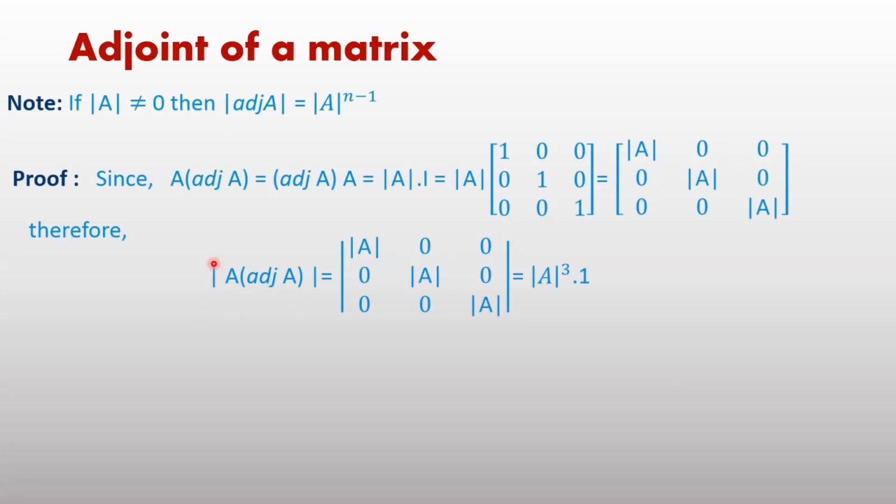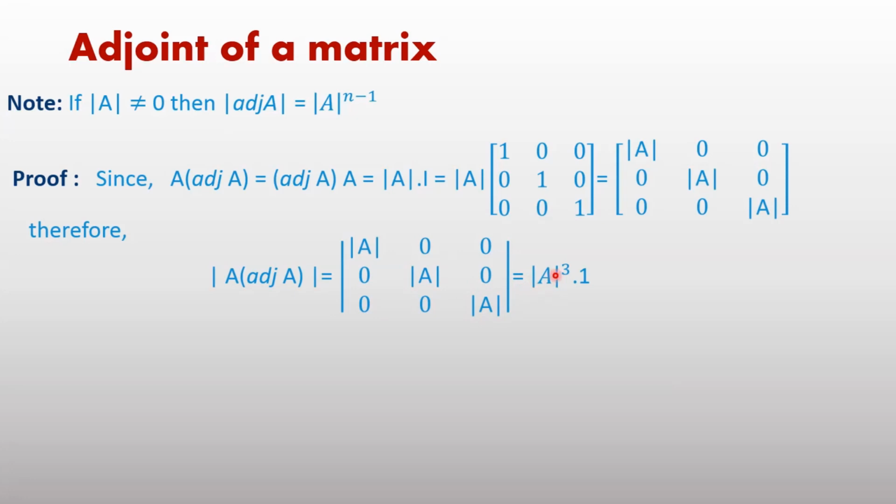Now the determinant of A into adjoint of A: the LHS is written, and the RHS is the determinant of A times this matrix. Now if you take common, using the property of determinants, from the first row we can take the determinant of A outside, from the second row the determinant of A outside, and from the third row the determinant of A outside.